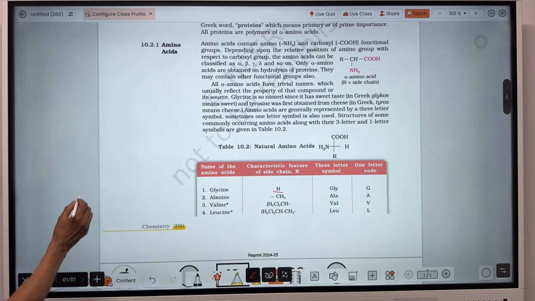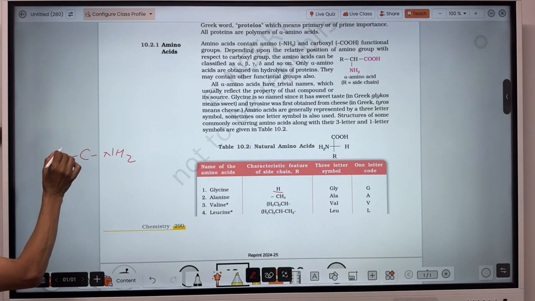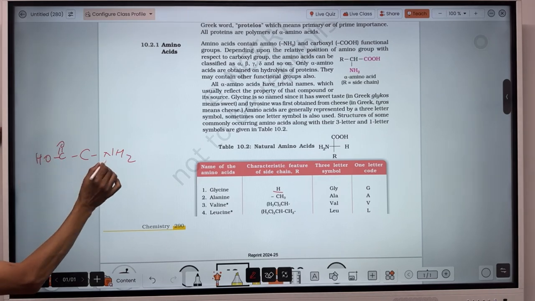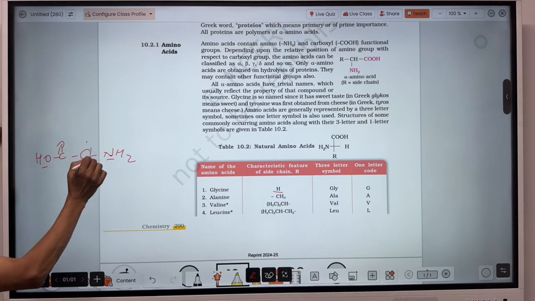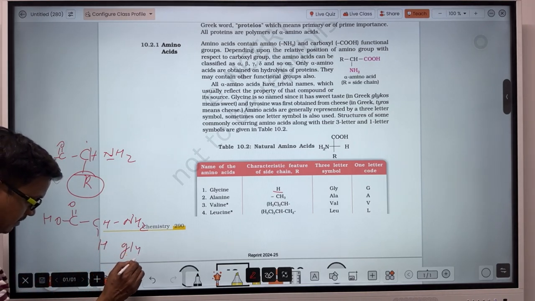In glycine, on the place of R, let's see this amino acid. The amino group and the carboxylic acid group are both bonded to the same carbon atom, with one hydrogen and here the alkyl group. On the place of the alkyl group, if there is hydrogen, it is called glycine.